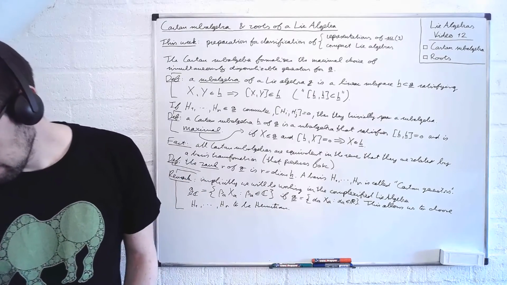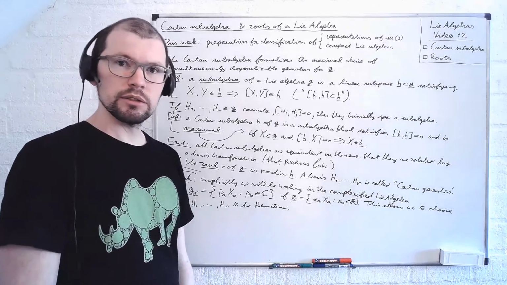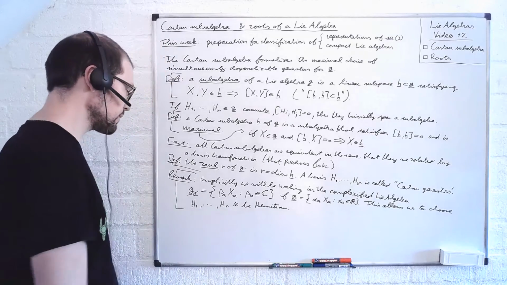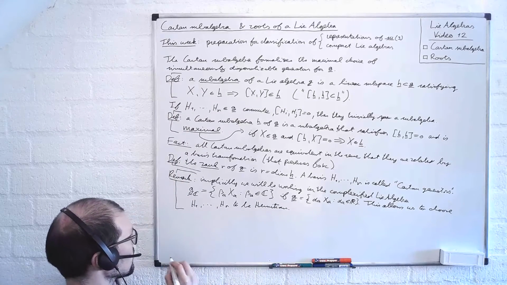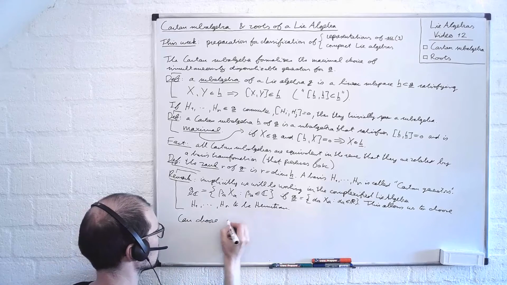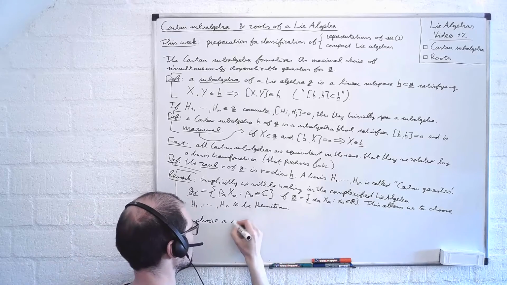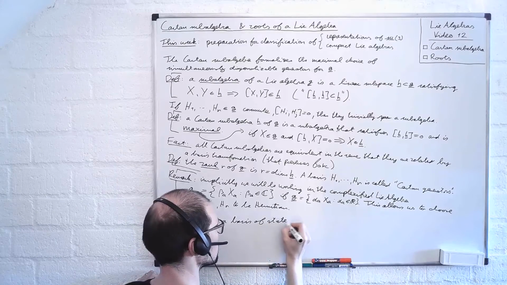Now as soon as we have commuting Hermitian matrices, then I can simultaneously diagonalize them. So I can choose a basis of states.